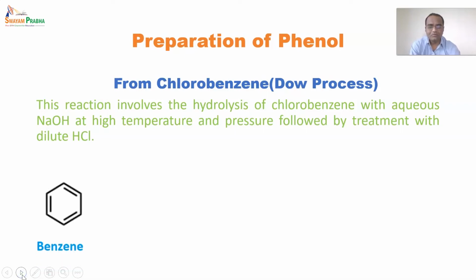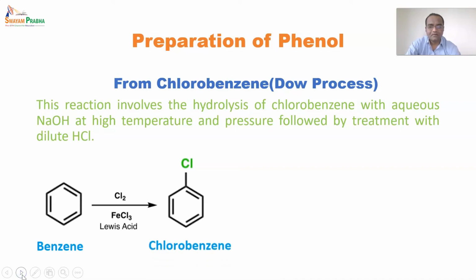So firstly, how is this chlorobenzene prepared. We have seen this reaction in case of benzene and its derivative. By using a Lewis acid, benzene is halogenated and forms chlorobenzene.